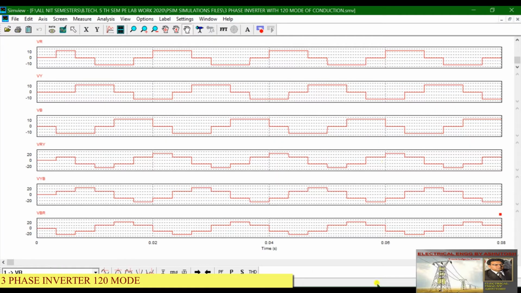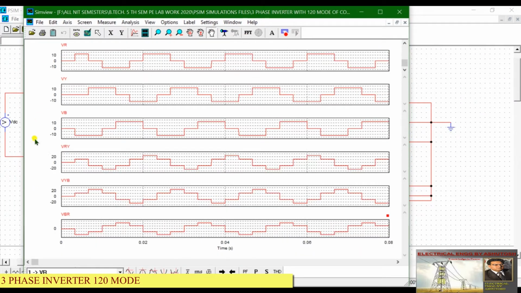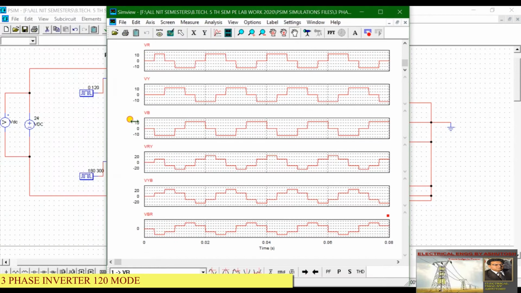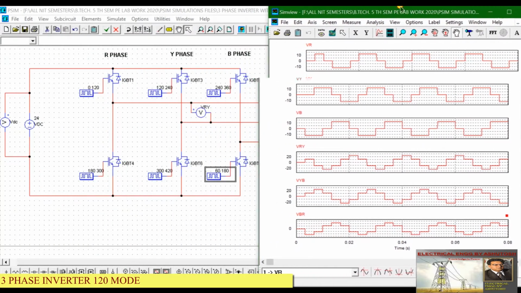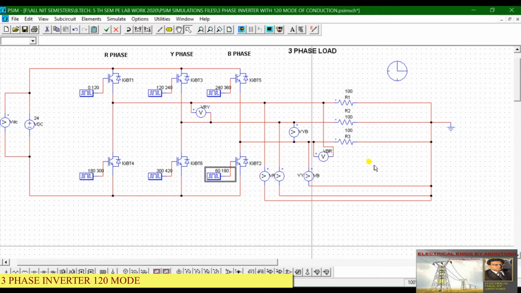These are the waveforms I have found from it: VR voltage, VY, VB, which are the phase voltages, and then the line voltages VRY, VYB, VBR. These are the waveforms we get from this inverter, and I have used three resistive loads here.